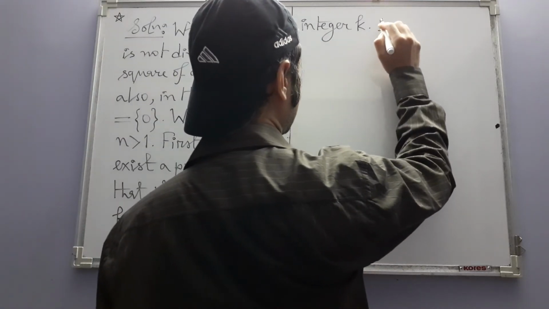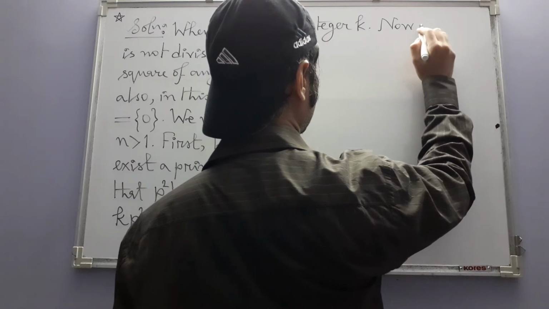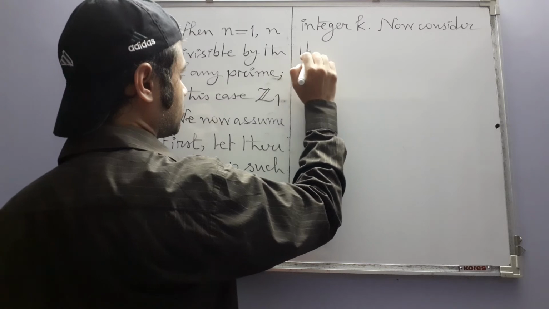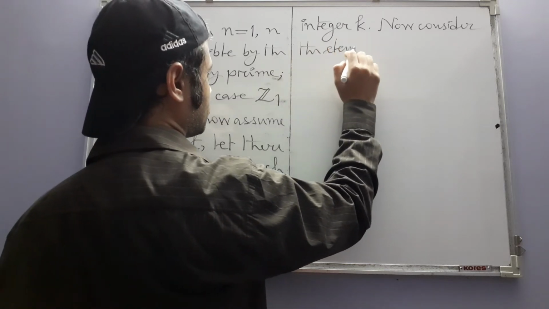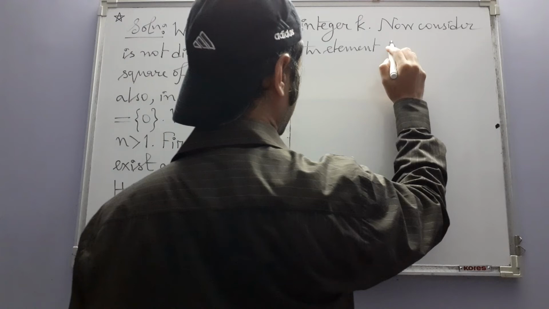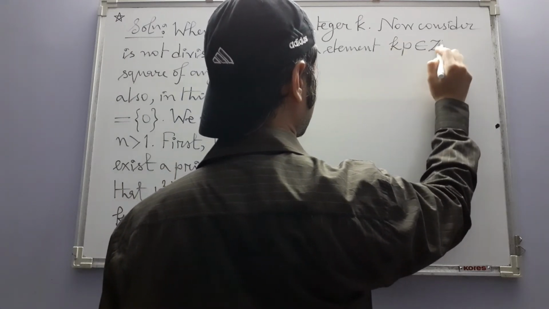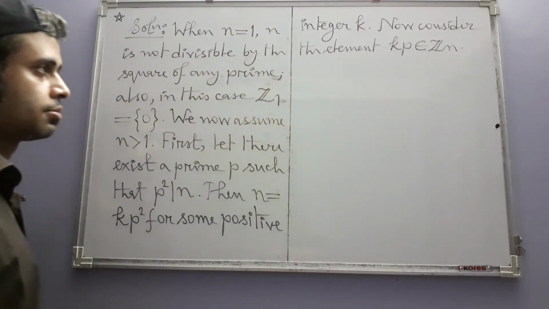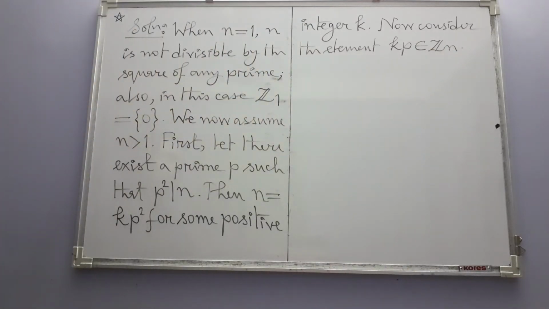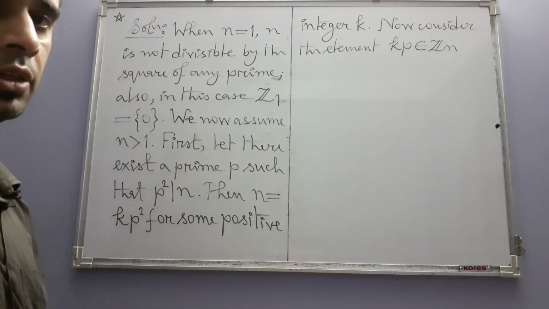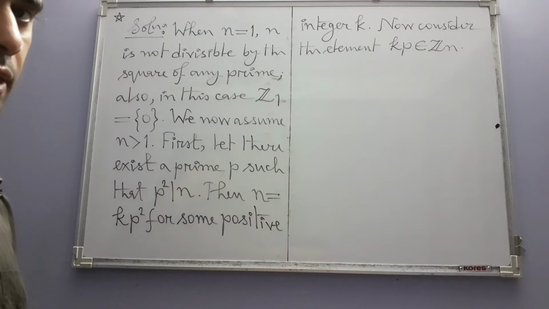Now consider the element kp belonging to Z_n. In the ring Z_n, what are its elements? Its elements are all the non-negative integers strictly less than n.